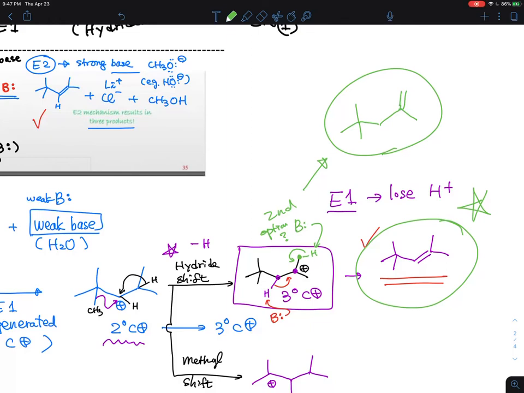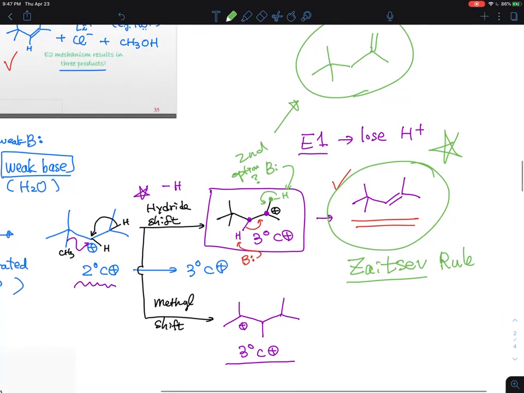And the reason is because of what is called the Zaitsev rule.